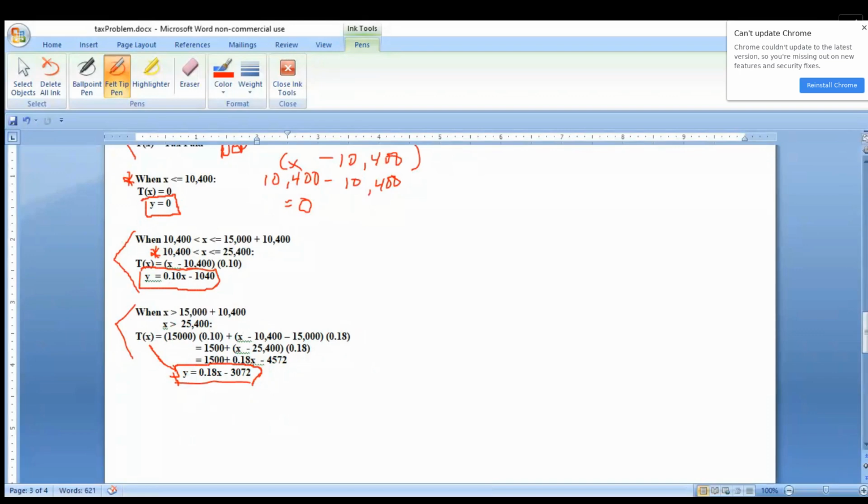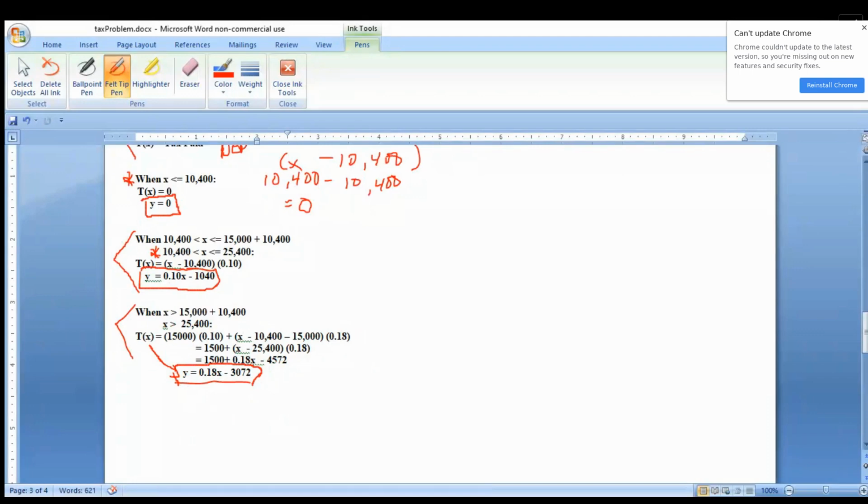So at 10.4, you can see you pay 0 tax. And we know that to be true because at 10.4, if your total income x here is 10.4 and you subtract your perks that are 10.4, you get a 0 taxable income. Well, 0 taxable income means you have 0 income that's taxable.